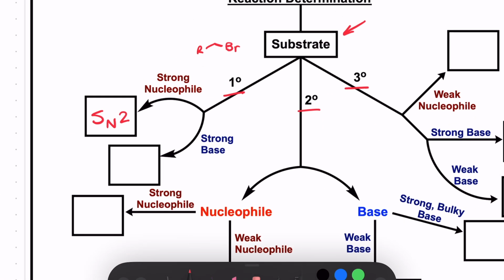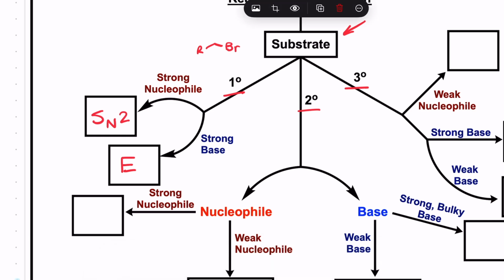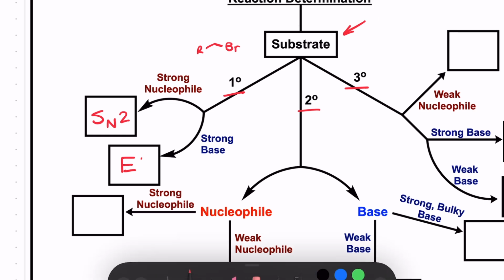Okay, now if I take that same substrate and I react it with a strong base, like ethoxide, hydroxide, or tert-butoxide, what kind of reaction do you expect then? Yeah, E2. So in the case of a primary alkyl halide, we are going to get either SN2 or E2. These are our options. There is no SN1 or E1 with a primary alkyl halide.